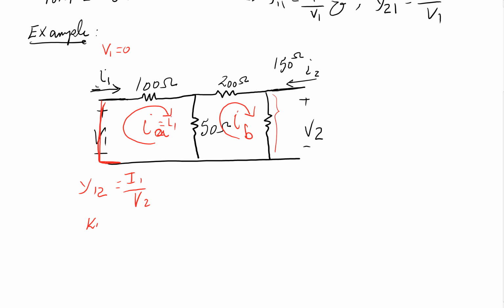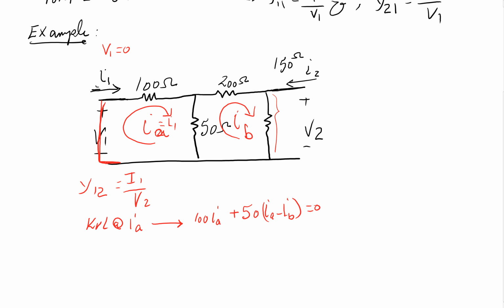When I do the KCL and KVL for both IA and IB, let's go ahead and do a KVL at IA. That's relatively simple. It's going to be 100 IA, which is really I1, plus 50 times IA minus IB. So that's one equation.